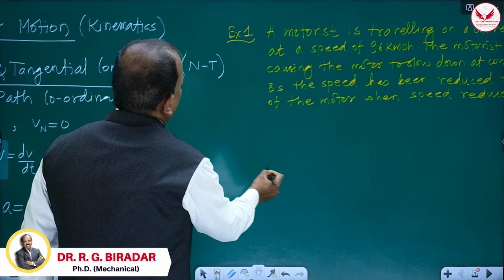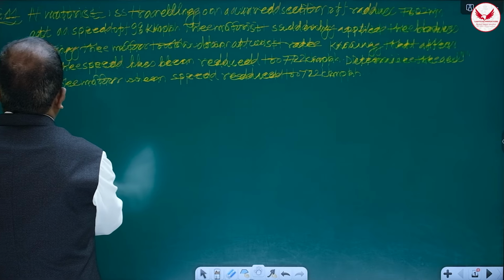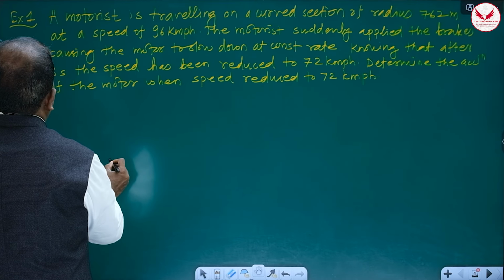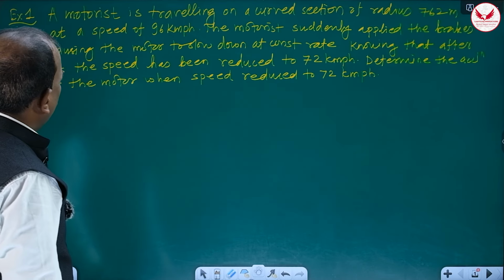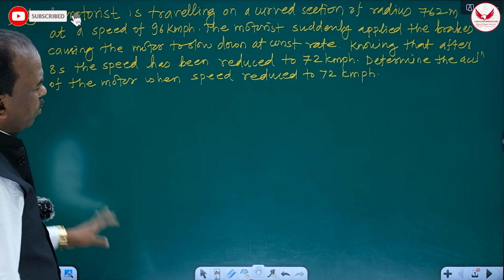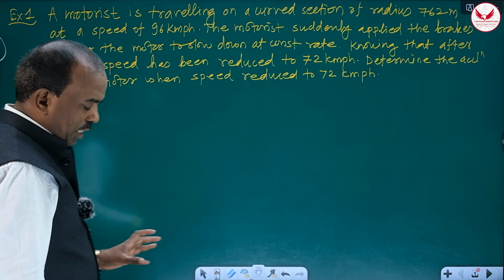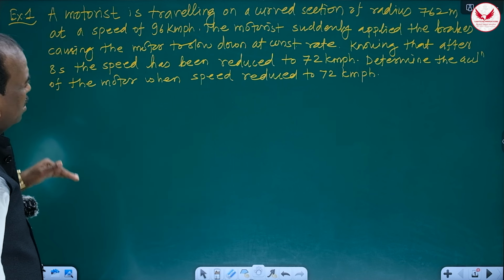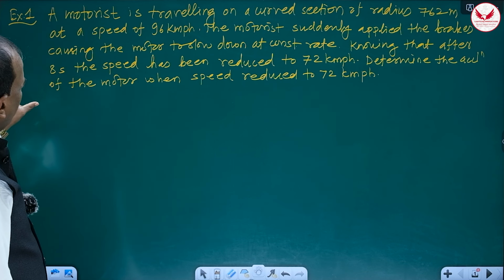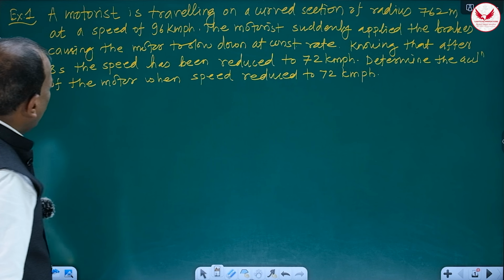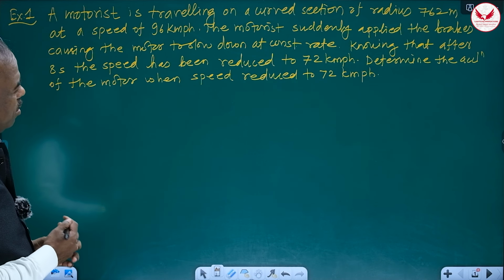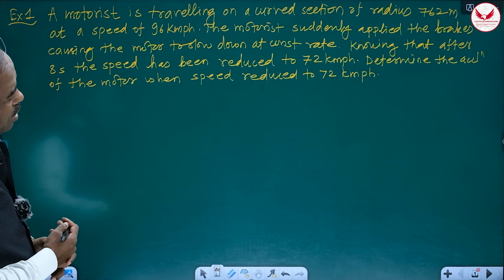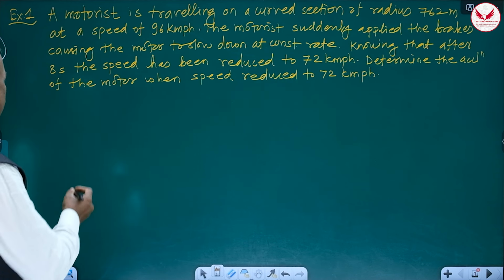See the very first example on this part. It is something like this. Now read it carefully. Always in dynamics or mechanics, you have to read the statement carefully. A motorist is traveling on a curved path, means curvilinear motion, of radius 762 meters.